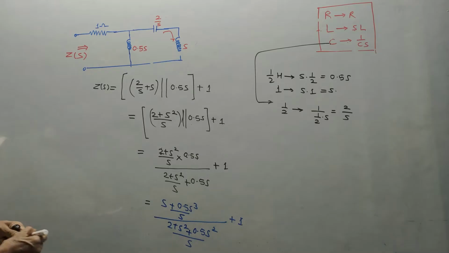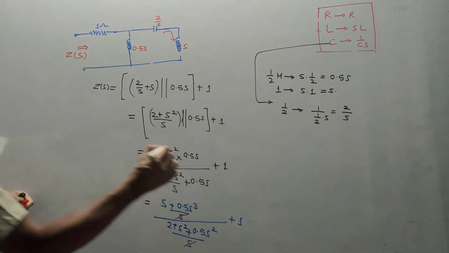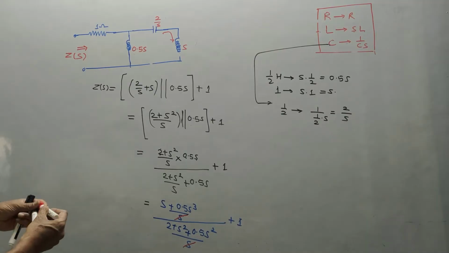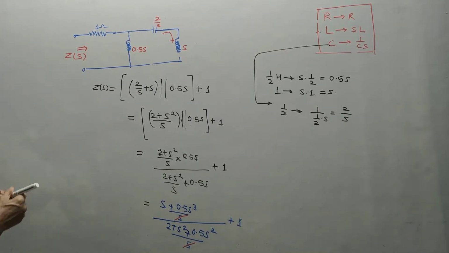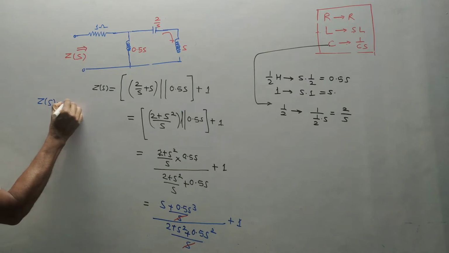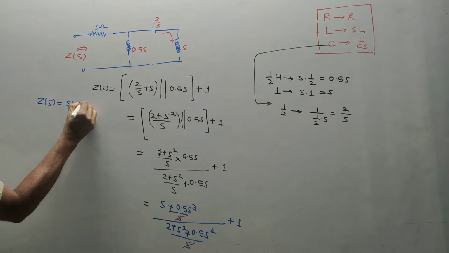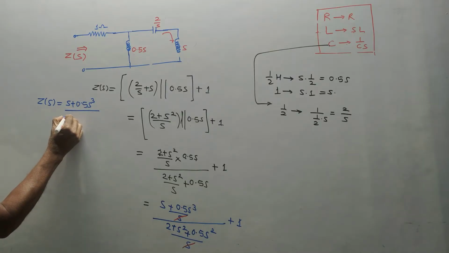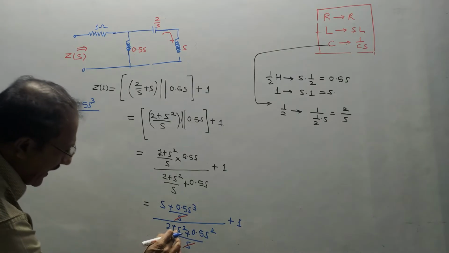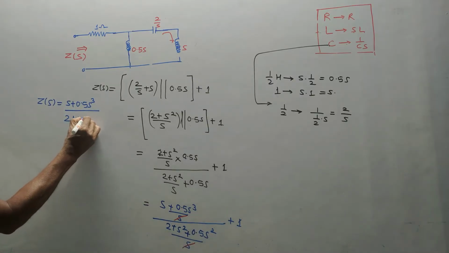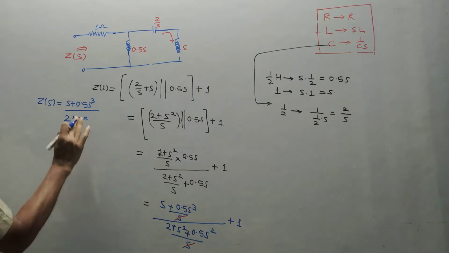Now the s denominator of each term gets cancelled, so write down the remaining equation. Z of s is equals to s plus 0.5 s cube upon 2 plus s square plus 0.5 s becomes plus 1.5 s square.